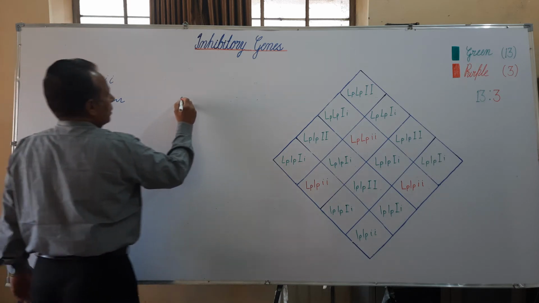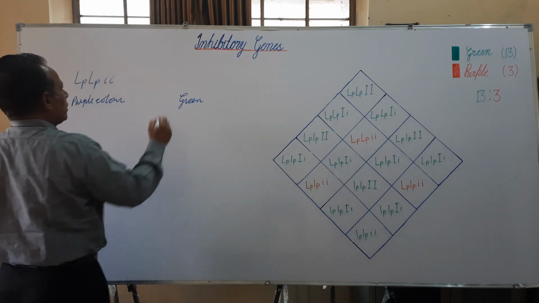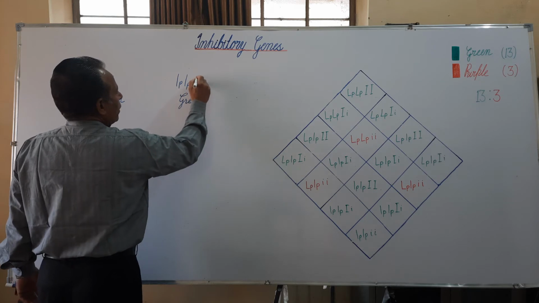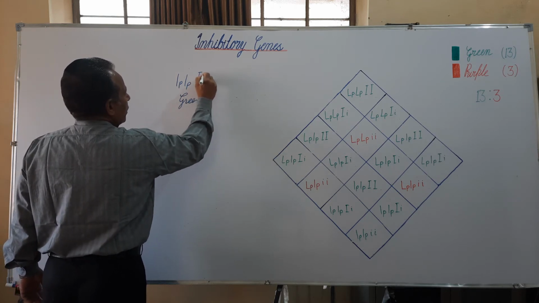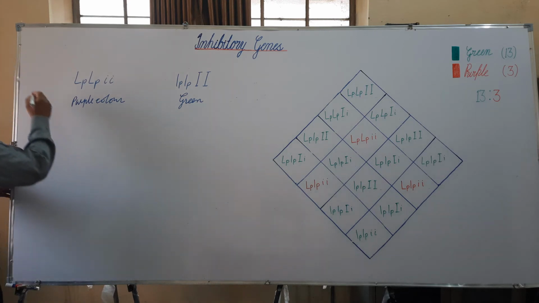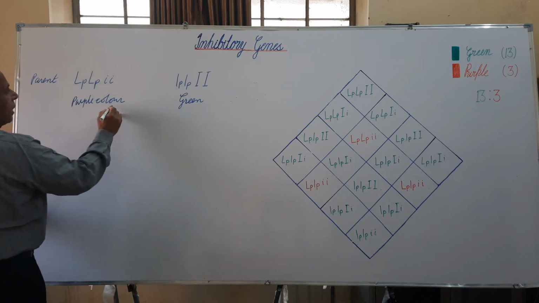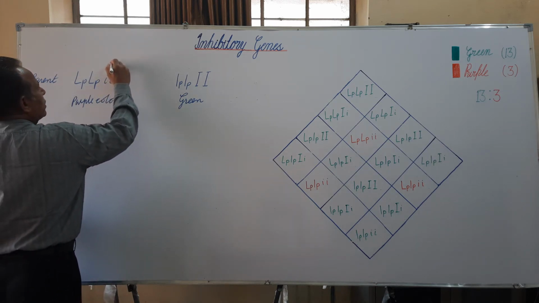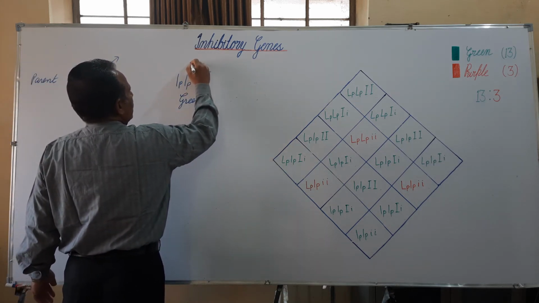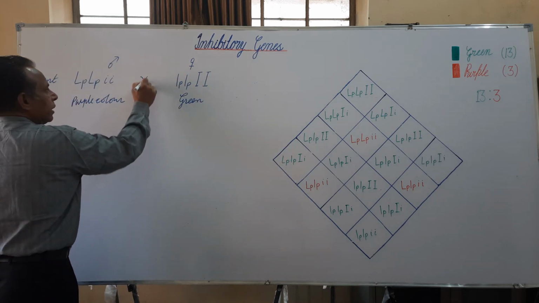And another plant possesses green leaf, which is recessive in gene LP and dominant in gene I. These plants are taken as parent, purple color leaf parent is male and green color leaf parent is female, or vice versa, are crossed together.